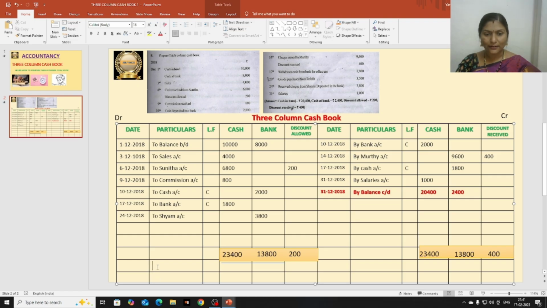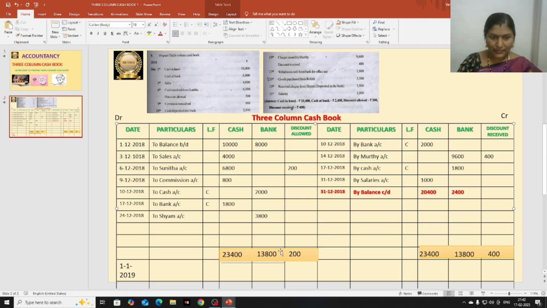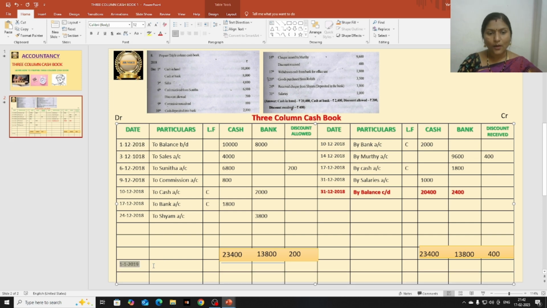So I am going to write under the totals. You can see here, the date. The next day after 31st December is 1-1-2019.